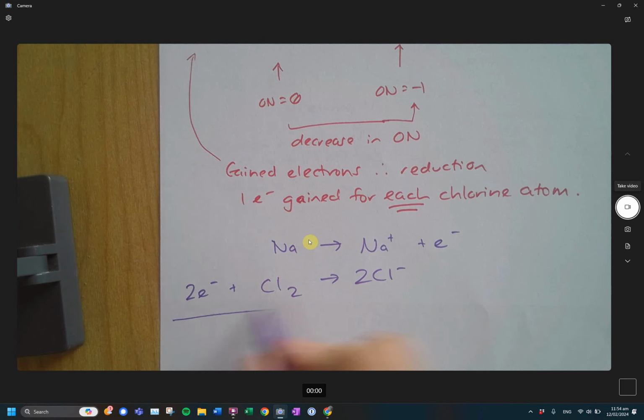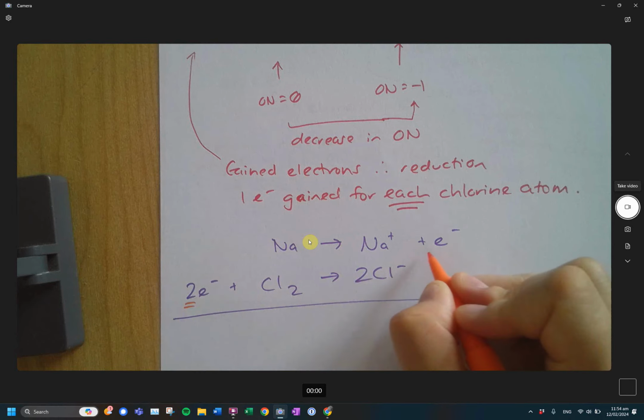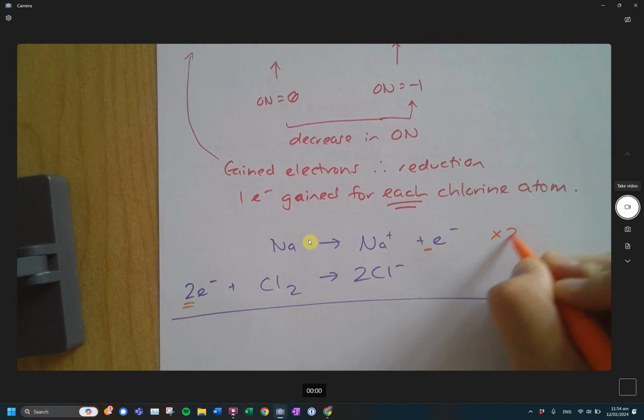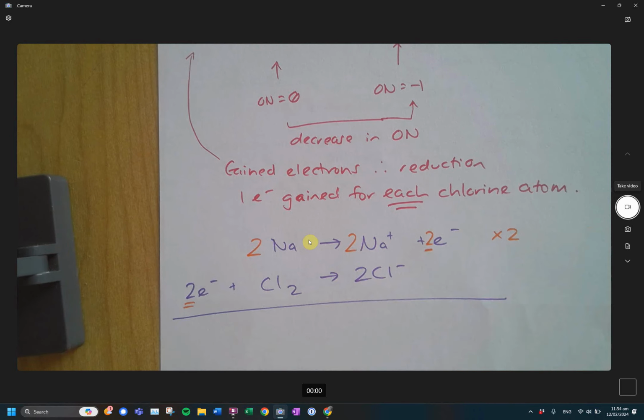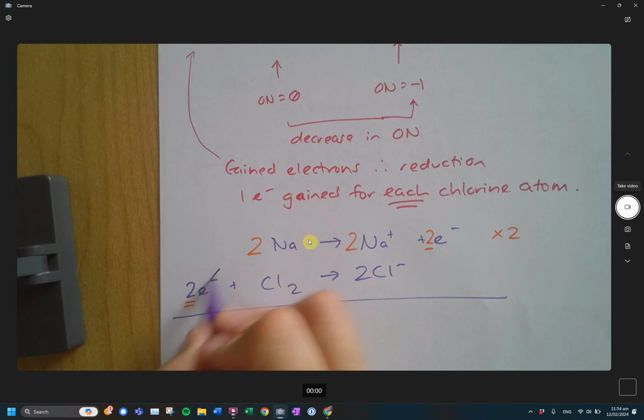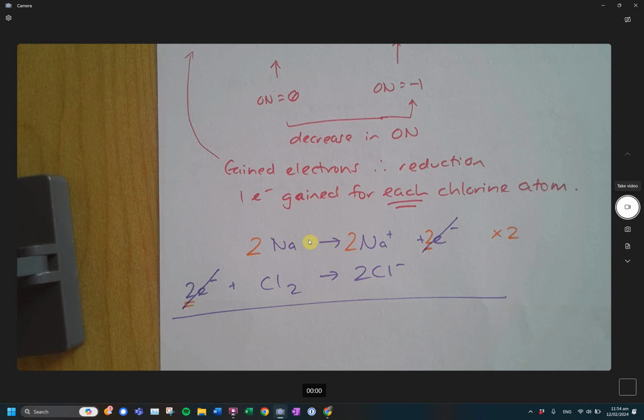All right, so when I look at this guy over here, this has a 2, that only has a 1, so I need to multiply this whole equation by 2. So that becomes 2, that becomes 2, and that becomes 2. Now when I put these 2 equations together, the electrons will cancel out.